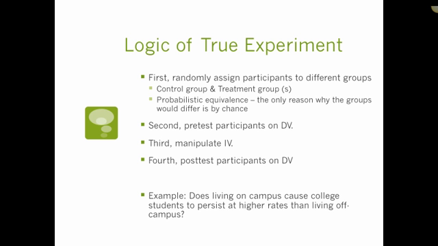So in the example of living on campus or off campus persistence rates, after the course of a semester or a year, you would collect information on whether or not everybody's still enrolled at ASU, and then you compare your group of students who lived on campus to your group of students who lived off campus and see whether or not that rate was different after your study is over, after the period of time that you defined as your experimental conditions concluded.